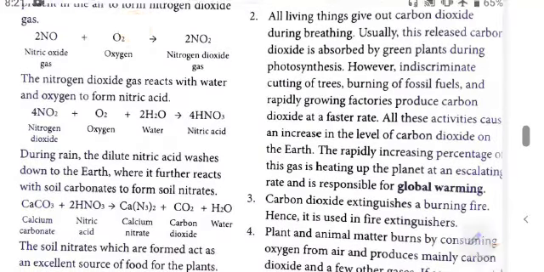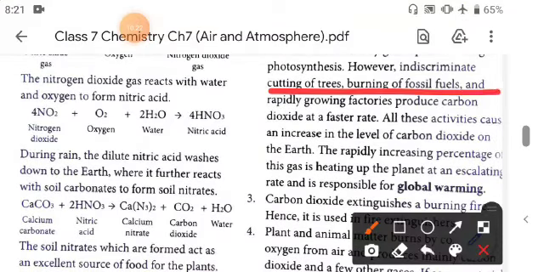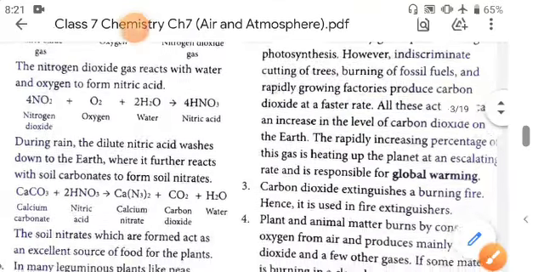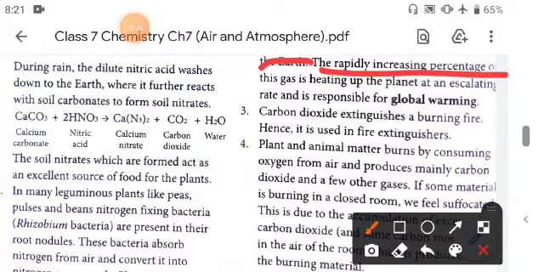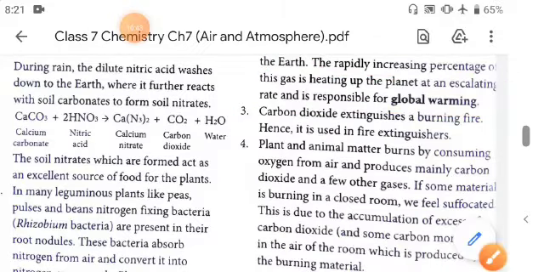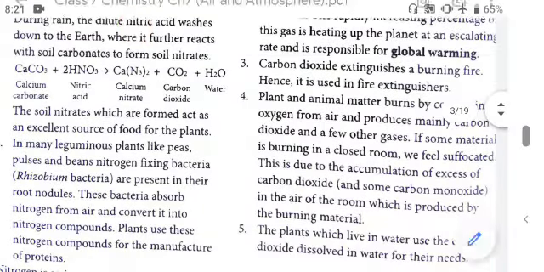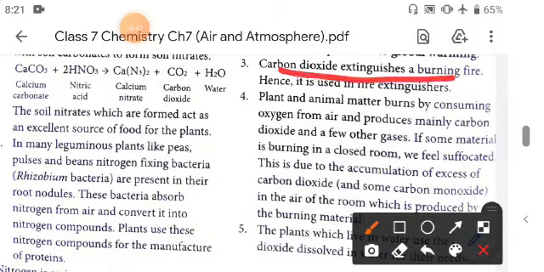indiscriminate cutting of trees, burning of fossil fuels, and rapidly growing factory production produce carbon dioxide at a faster rate. All these activities cause an increase in the level of carbon dioxide on the earth, and the rapid increment of carbon dioxide causes global warming. Now carbon dioxide is used as a fire extinguisher.